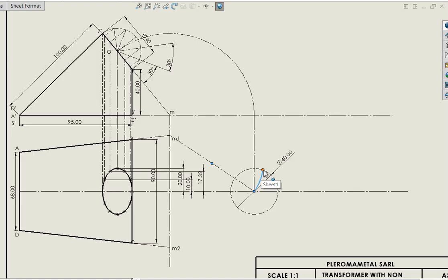To do that, I simply drew an arc of this diameter passing through this point to meet here. So this is the tangent point right here.